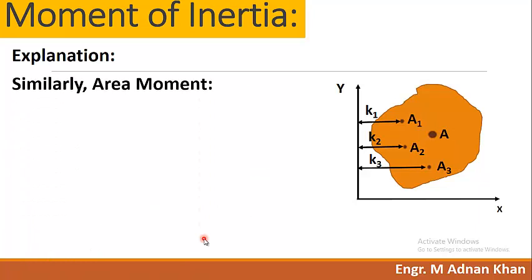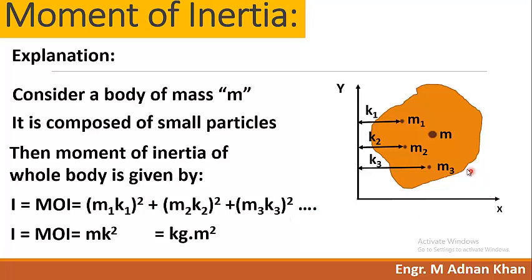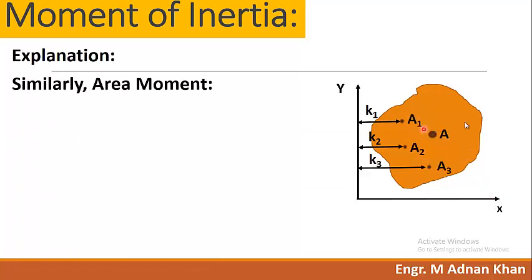Now it can also be called area moment. In the previous slide we considered the mass of a body, but if we consider the area of a body, let's suppose we have a body whose area is A and its particles have the areas A1, A2, A3, and its distance from the reference axis is K1, K2 and K3, so the product will become AK square.